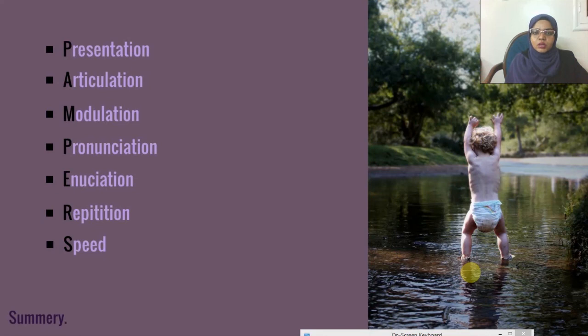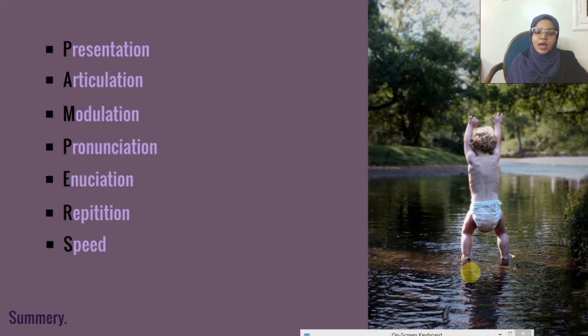Enunciation as well: any acronyms, terms, the letters. Repetition: try to repeat, as we said earlier, the words or the main points that are very important for you to deliver to the audience.